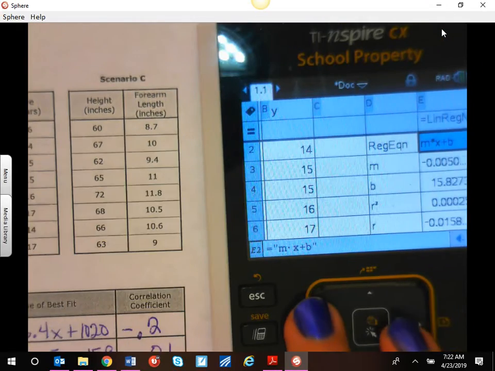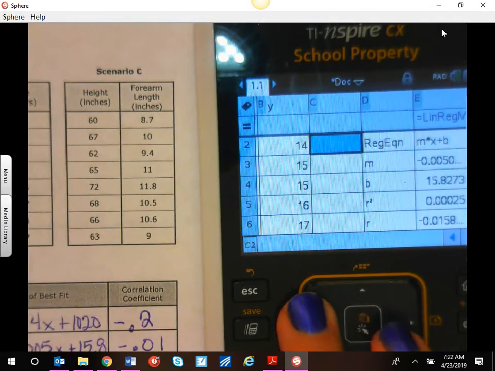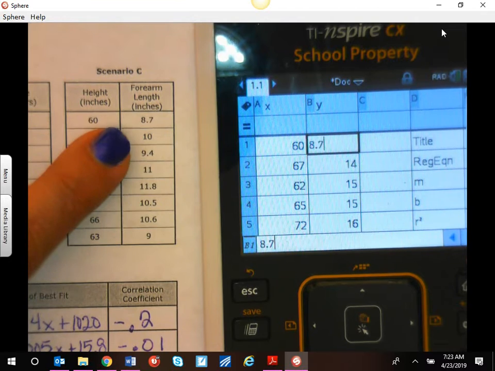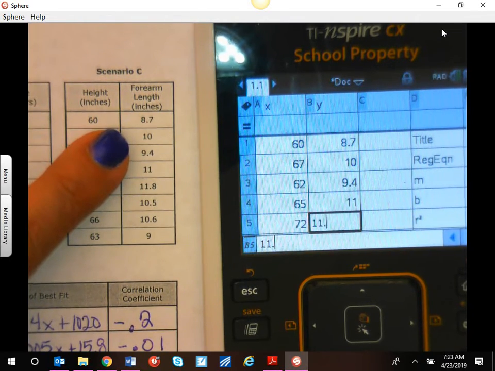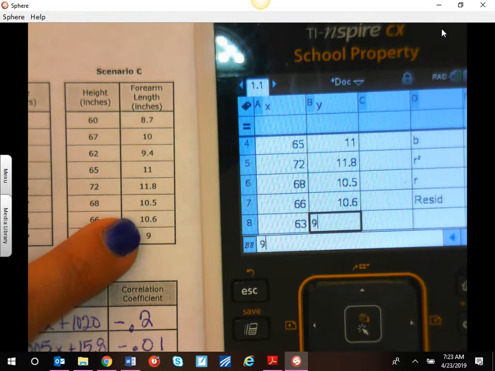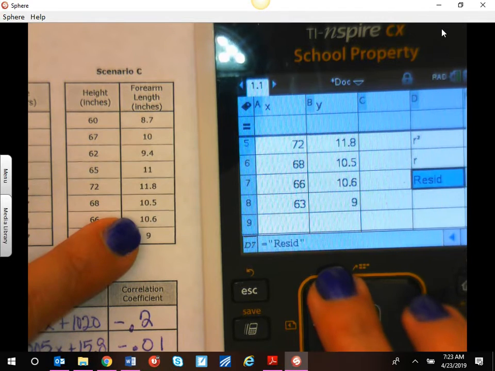All right, so for my third one again, notice same group of people, same height. So all I need to do again is change this. Now, if the data is not the same, then you would need to start a new list and spreadsheet every time. But because that X column is the same, we don't have to do that.